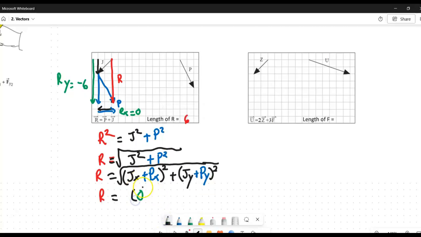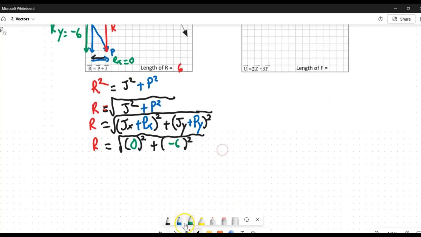And we're going to square that 0. I know it sounds weird, squaring a 0. Plus the y direction components of negative j sub y minus negative p sub y is going to be -6. You just add those together, and we figured out that that was -6. So we're going to square this. So 0 squared is 0.